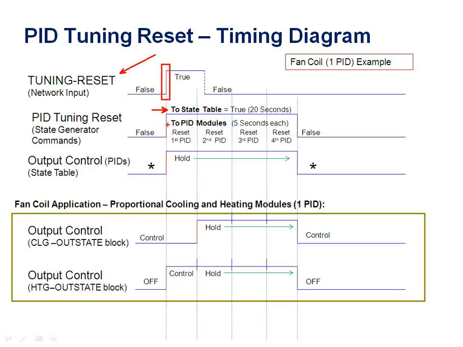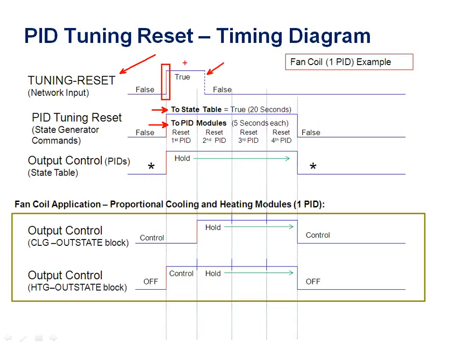The reason 20 seconds is there is because the other outputs go through the 4 reset commands. Reset first PID, which lasts 5 seconds, reset second PID, reset third PID, and reset fourth PID, and then it goes false. Also notice that this command here from true to false can be performed at any time because it has no impact on the tuning procedure.